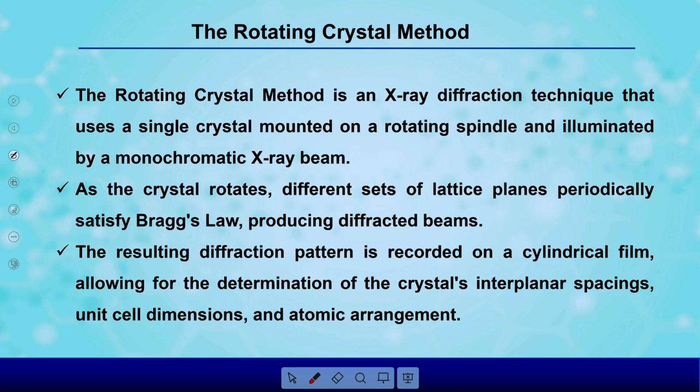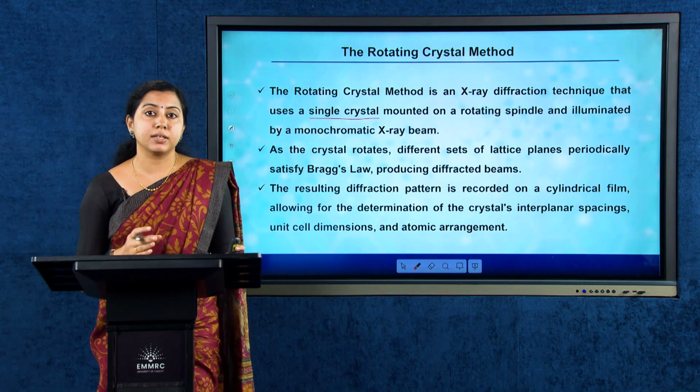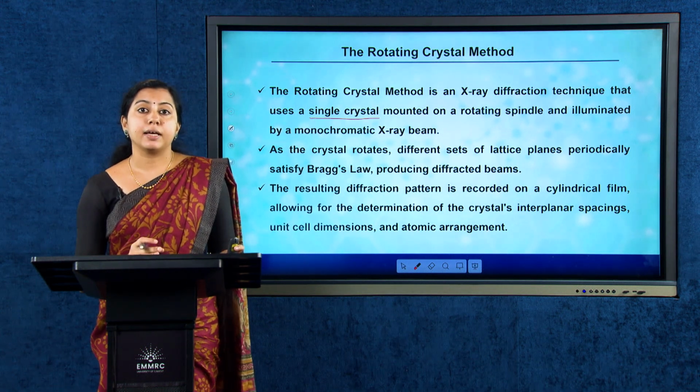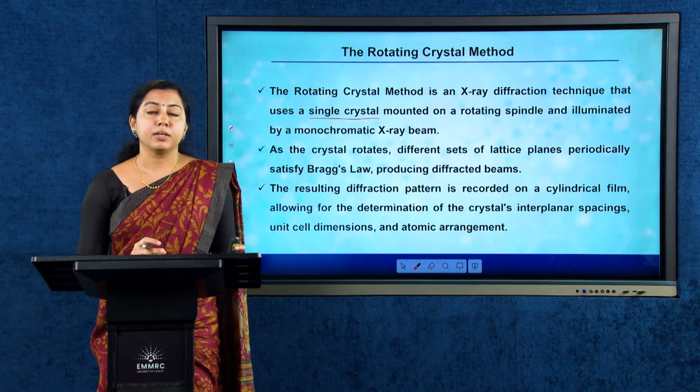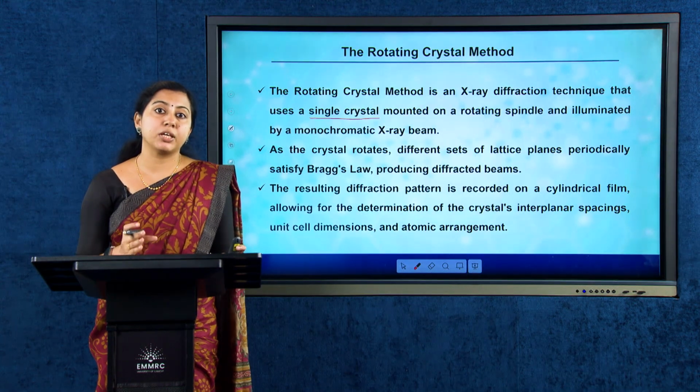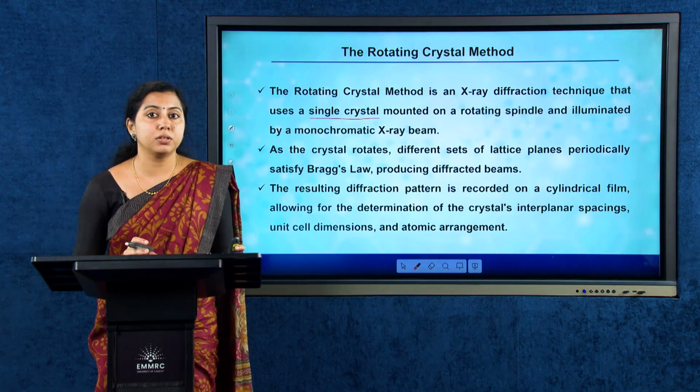The rotating crystal method is an X-ray diffraction technique that uses a single large crystal mounted on a rotating spindle and illuminated by a monochromatic X-ray beam. This rotating crystal method is originally known as the Bragg's X-ray spectrometer method.